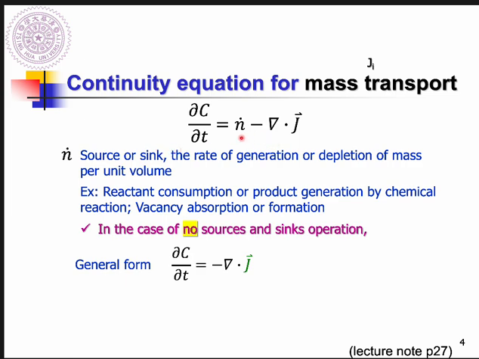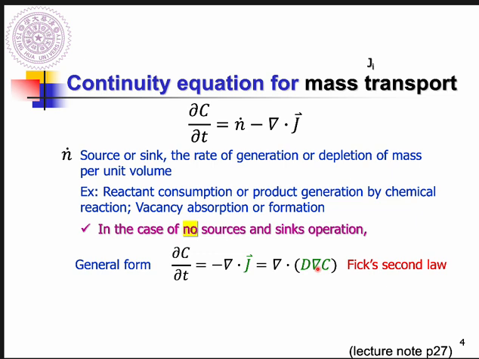But here, usually we assume there are no sources and sinks operating, so this equals 0. So the concentration change rate only happens due to the interaction with the surroundings. We can write the general form: concentration change rate equals the negative flux gradient. And the flux here obeys Fick's first law, so it equals negative diffusivity times the concentration gradient. Negative, negative, so you get the diffusivity times the concentration gradient.